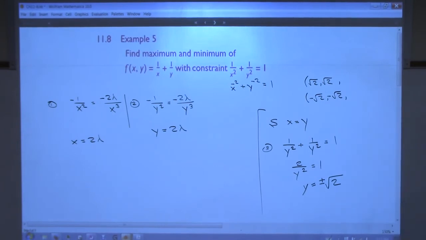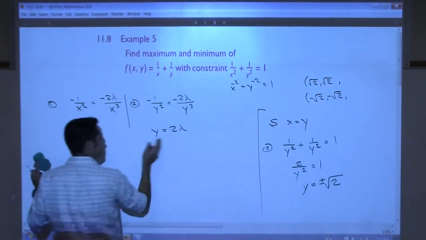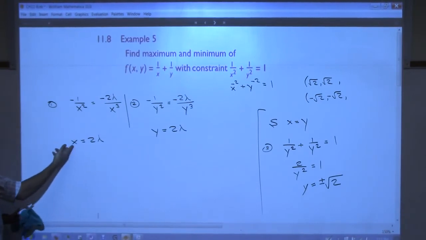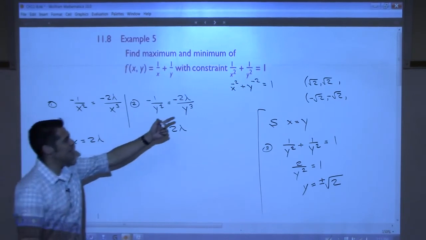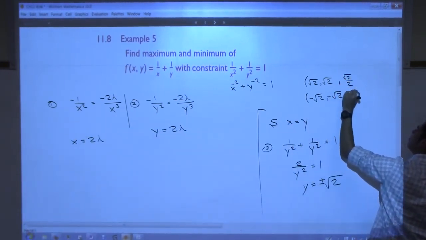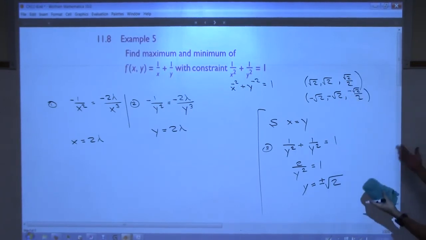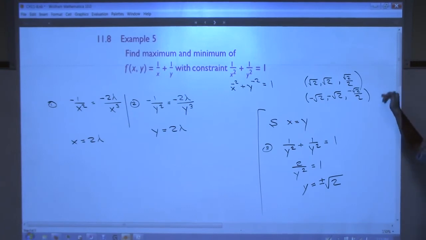I need to try and get lambdas for those. I think the lambdas are going to be pretty easy to get, right? If I solve both of those for lambda, it's just the x-coordinate divided by 2 or the y-coordinate divided by 2. But since x and y are the same, this one will be root 2 over 2 and then negative root 2 over 2. So far, just two points that I need to consider, right?